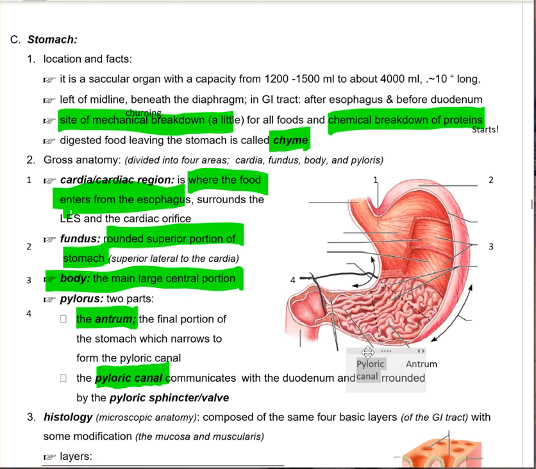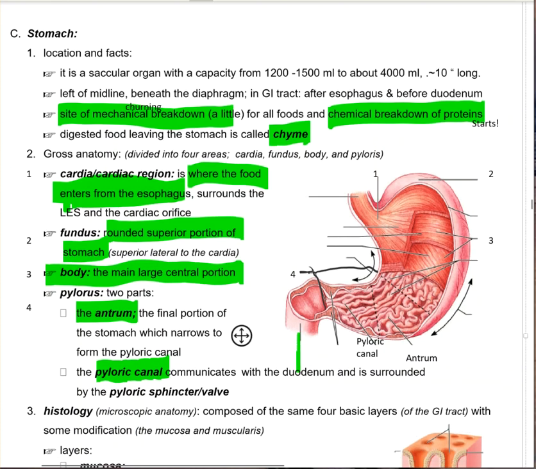Pyloric canal is right there. And this is what communicates with the duodenum, which is this guy right here. All right.